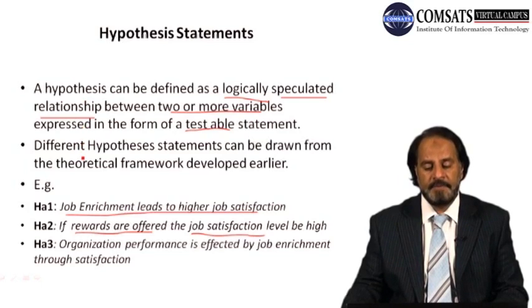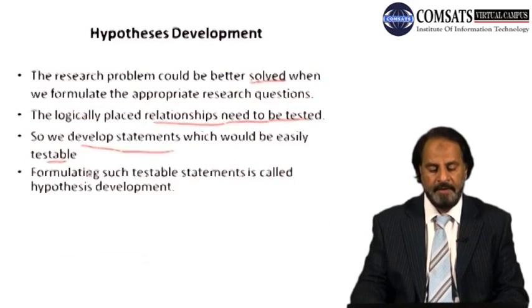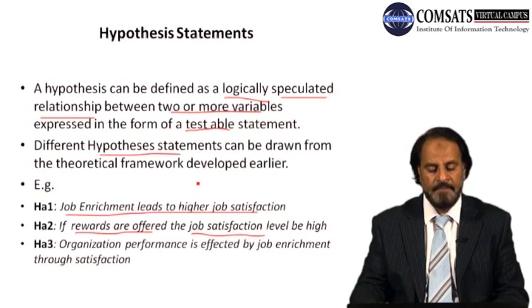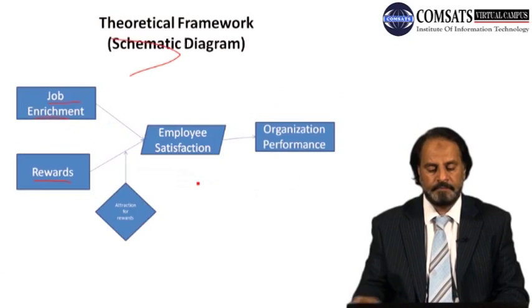We could make different hypothesis statements from the theoretical framework which we looked at earlier. The first hypothesis statement I'm looking at right now is HA1. It says job enrichment leads to higher job satisfaction.